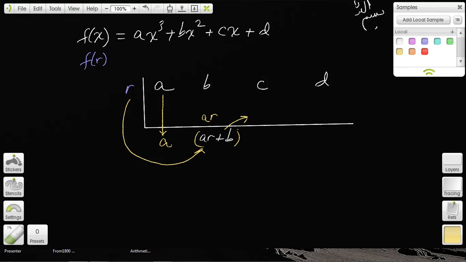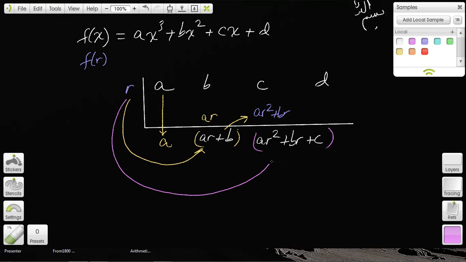In that case I would get ar squared plus br, and then I would add these together. Then I would get ar squared plus br plus c. And then I would take this quantity and multiply this by r, and put the result over here, correct?